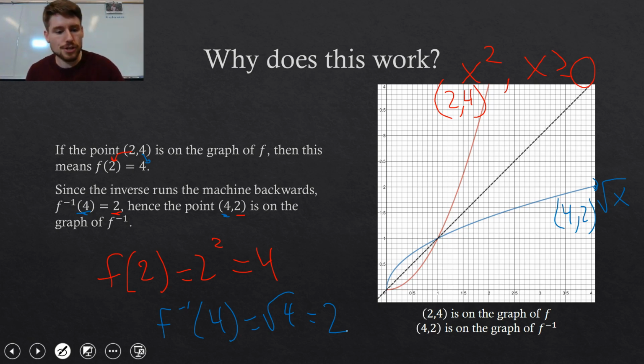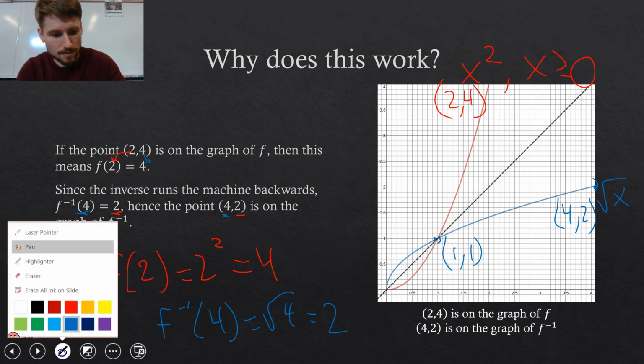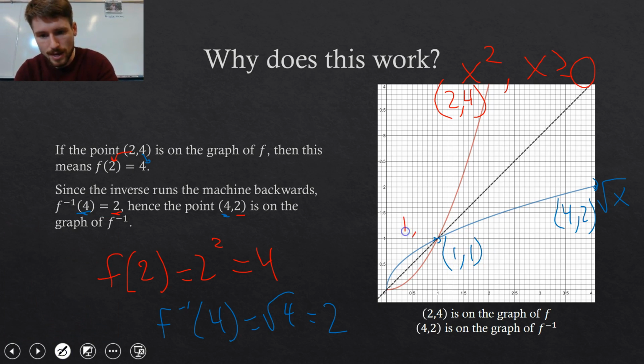And you can see they also share this point, (1, 1), right? (1, 1) is on both the inverse and the original function. And why is that on both graphs? There's a lot of reasons, right? For one, when you plug 1 into x squared, you get 1 out.